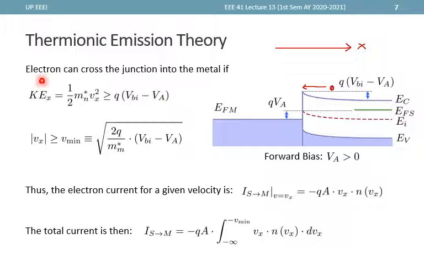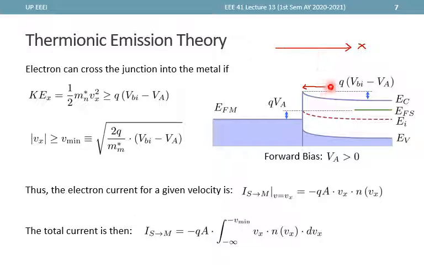And so that electron will be able to cross into the metal if its kinetic energy, which is 1/2 mv squared, is greater than Q(VBI minus VA). And therefore, this electron must have a minimum velocity equal to this one. We apply an absolute value since this velocity is actually negative relative to our defined axis.